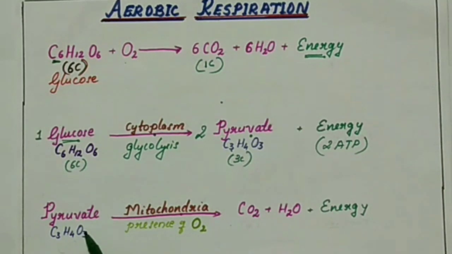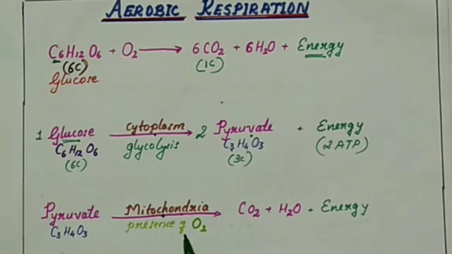Further breakdown of pyruvic acid or pyruvate takes place in the presence or absence of oxygen. If oxygen is available in the cell, the pyruvate enters into the mitochondria and breaks down aerobically, that is, in the presence of oxygen.